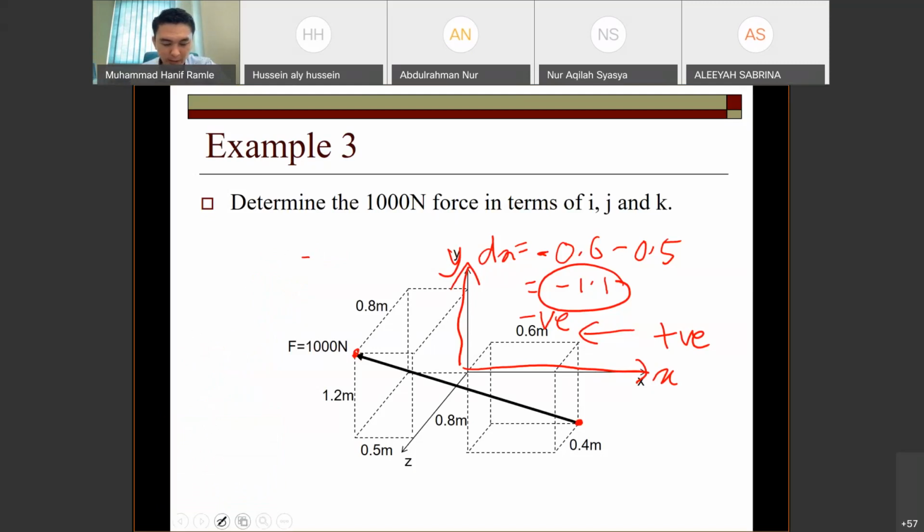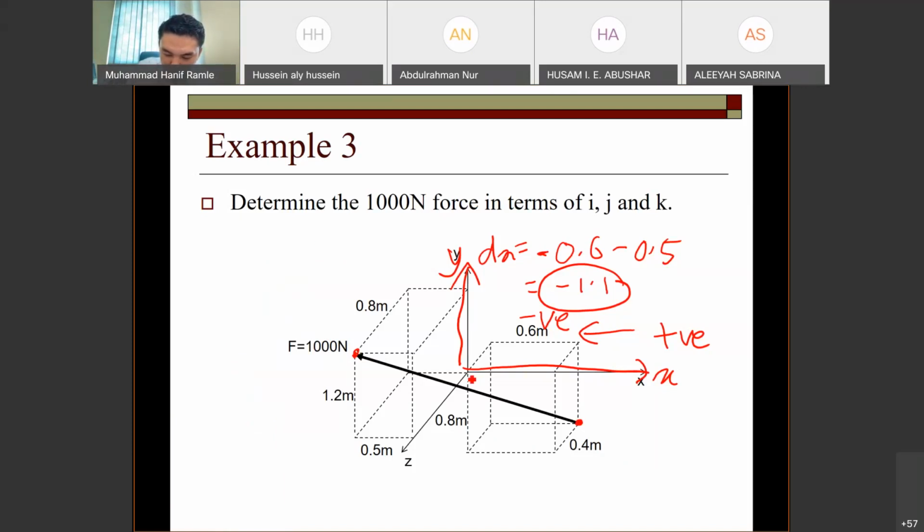Right. Okay, so for dy, how much dy? Think. You have to think. 0.8 plus 0.8. 2 meters. 1.6. No, the answer is 2. And should it be positive or negative? Positive. Upward. So the answer is positive.